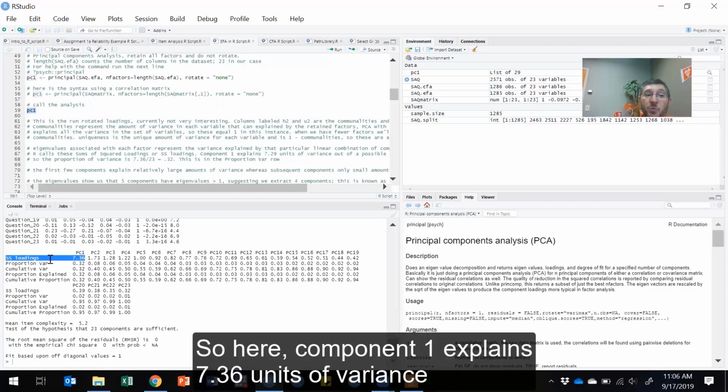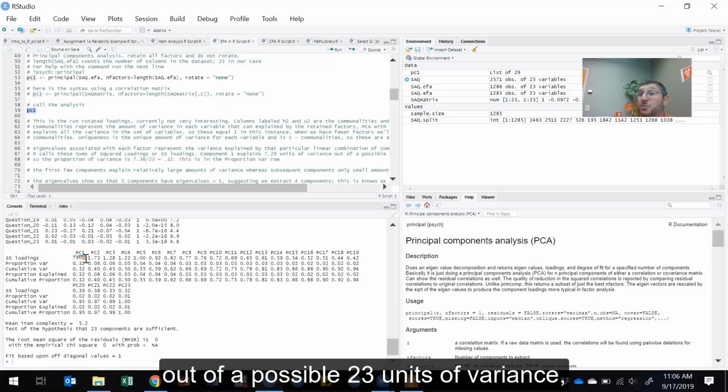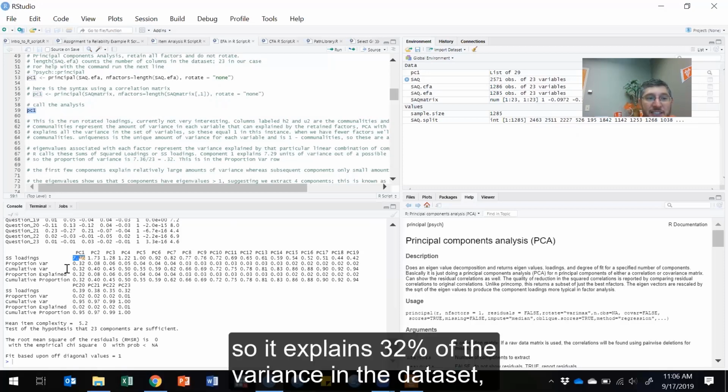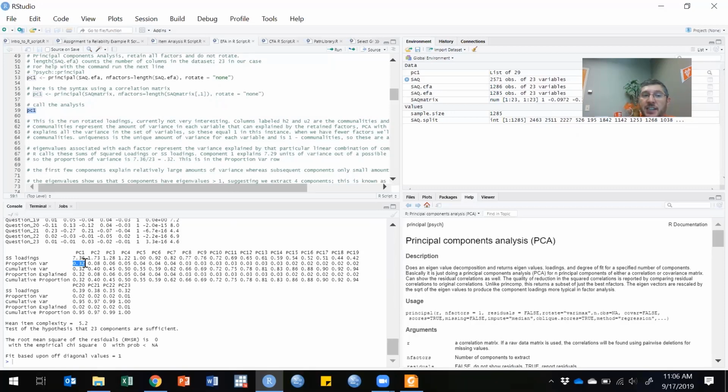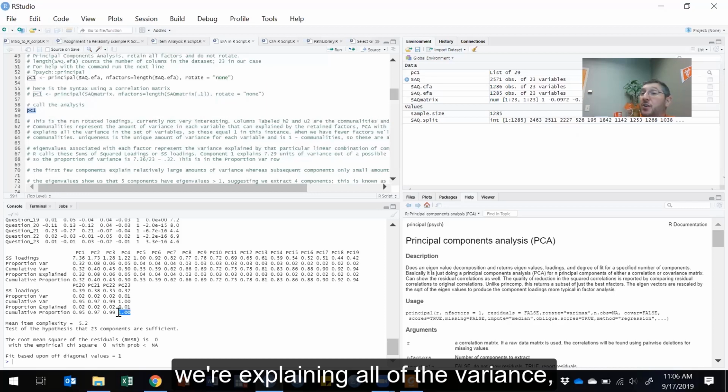So here, component 1 explains 7.36 units of variance out of a possible 23 units of variance. So it explains 32% of the variance in the data set. And notice the cumulative percent, we're explaining all of the variance.